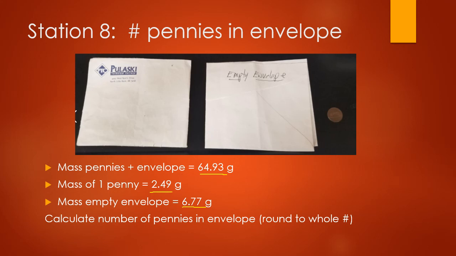So how do you do that? Well, notice you have the mass of pennies with an envelope and the mass of just the envelope. So if you subtract these two numbers, that would equal the mass of the pennies.